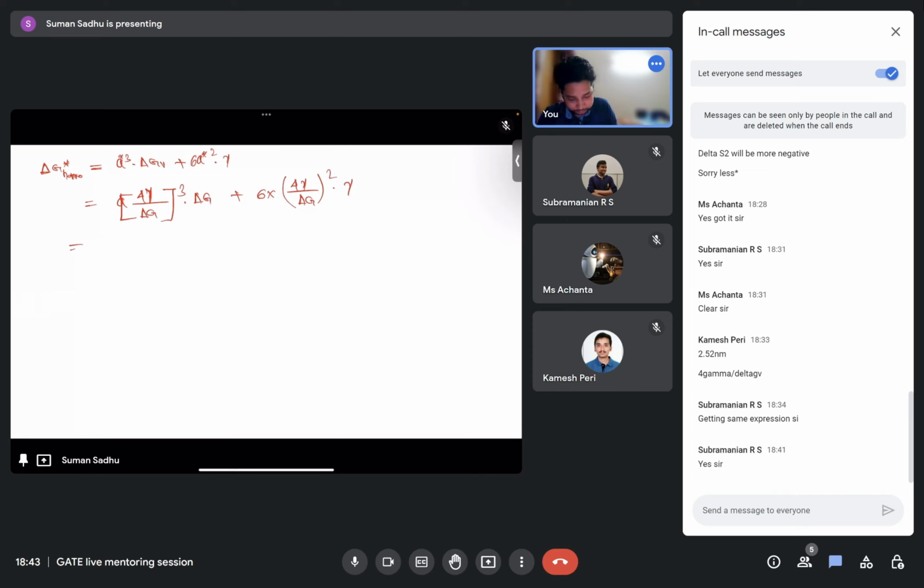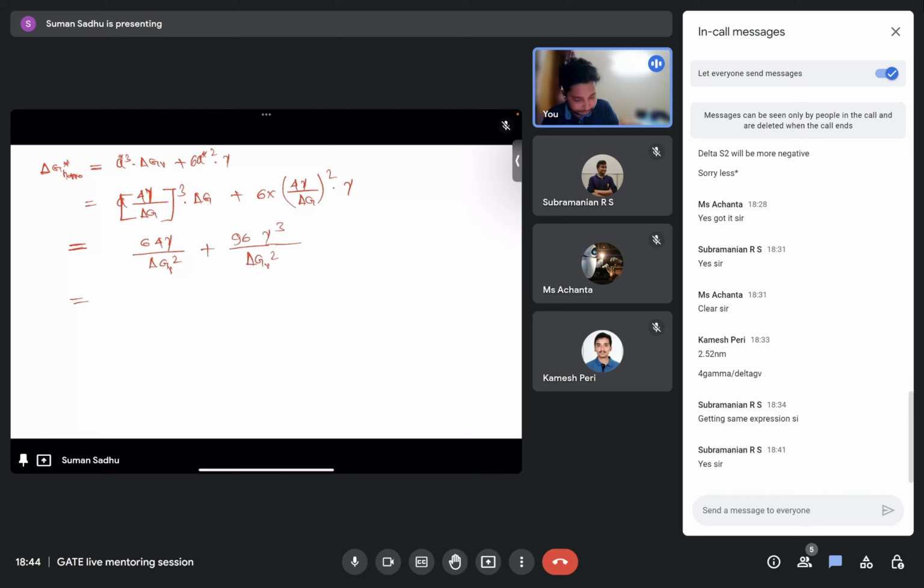You will get 64 gamma cube by delta GV square plus 96 gamma cube by delta GV square.